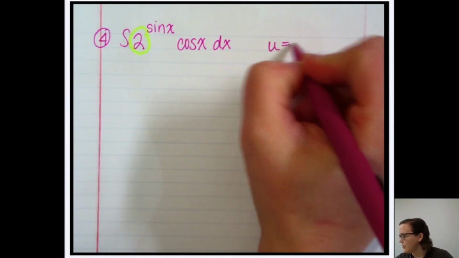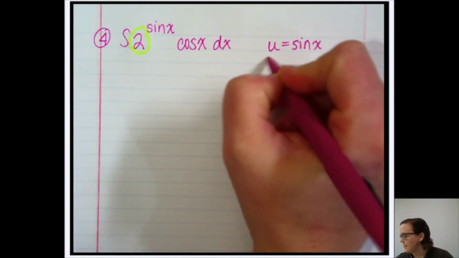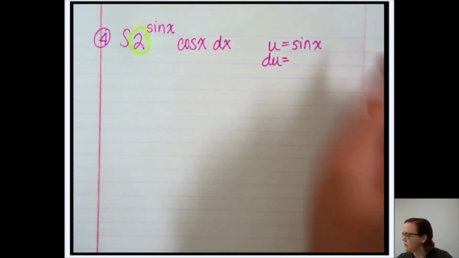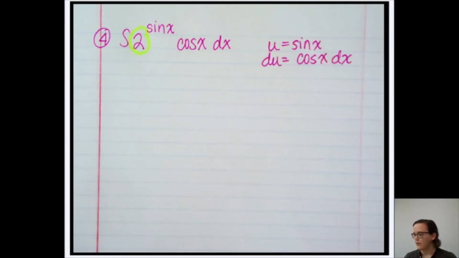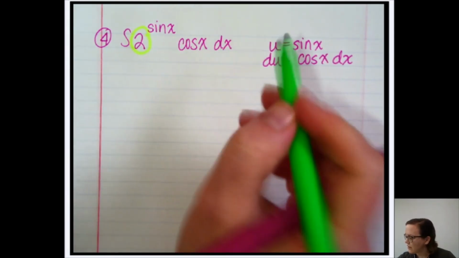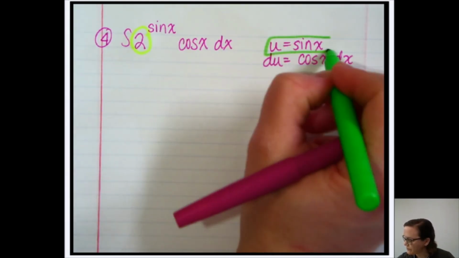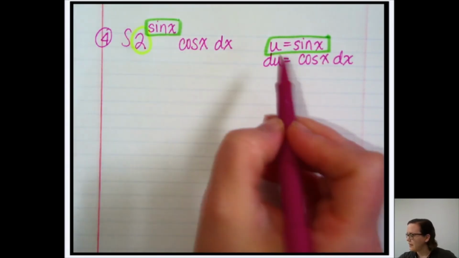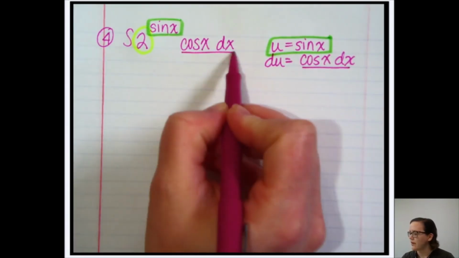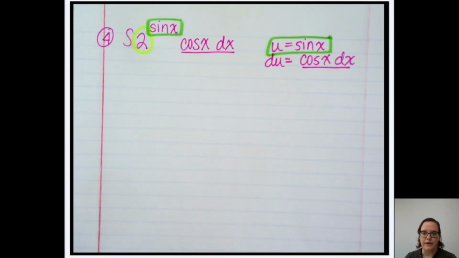So if we let u equal sine x, then when we take du, we get cosine of x dx, which is good for us here, because we are now able to cover that cosine x dx with our du.